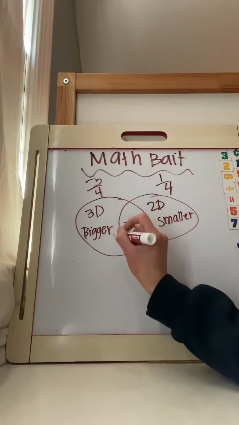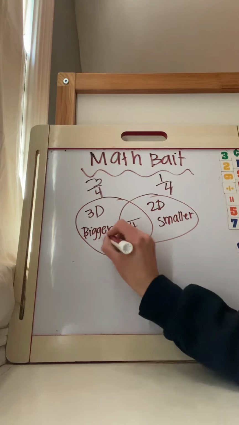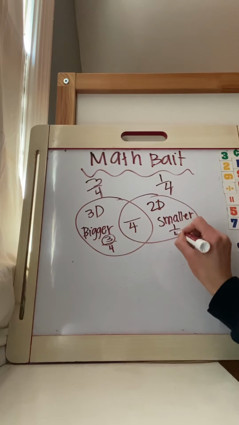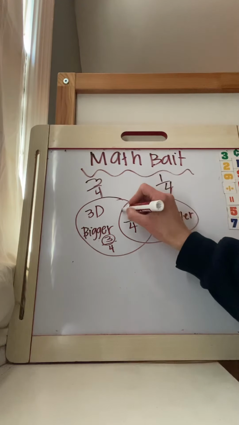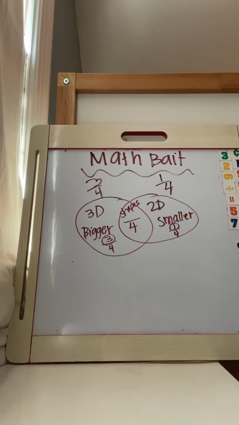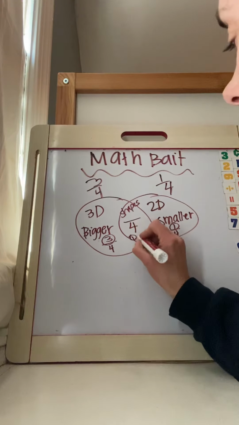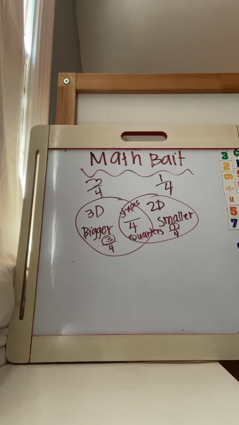This one has a numerator of 3. This one has a numerator of 1. It's another way that they're different. Both of these were shapes. Sometimes we have just the number version. Sometimes we have the word version. Sometimes we have pictures. These were both shapes, so that's how they're the same. And these were both broken up into quarters. We could say that too, because remember, when something's broken up into 4 pieces, it's broken up into quarters.